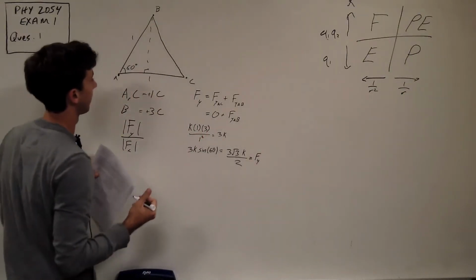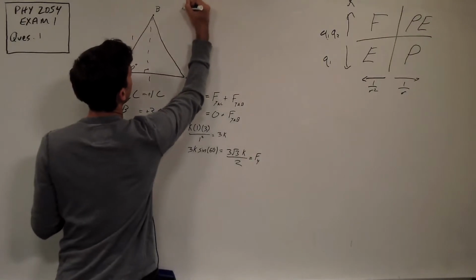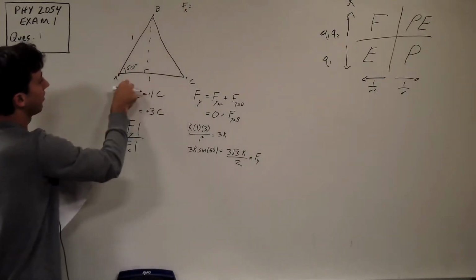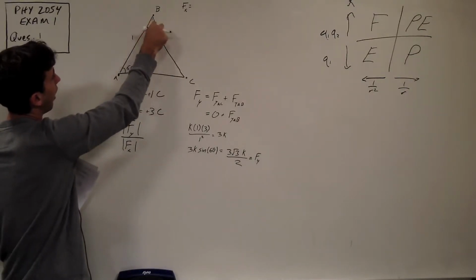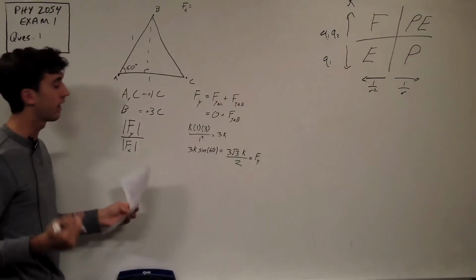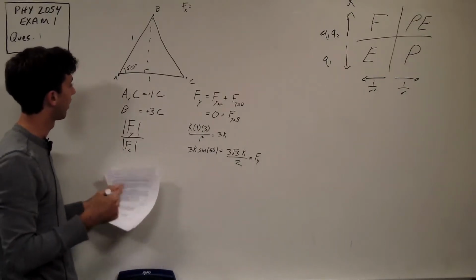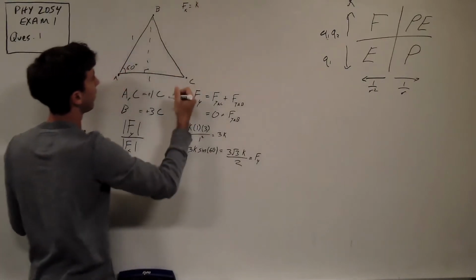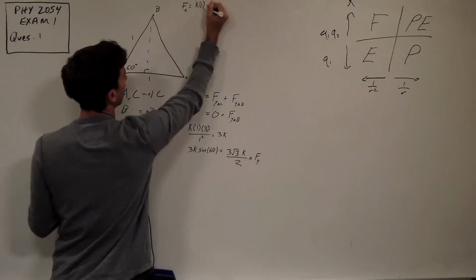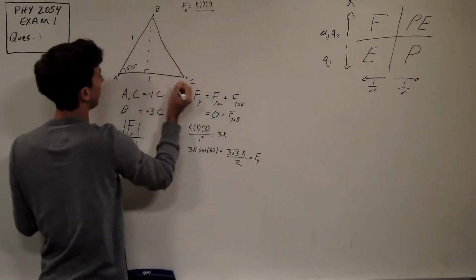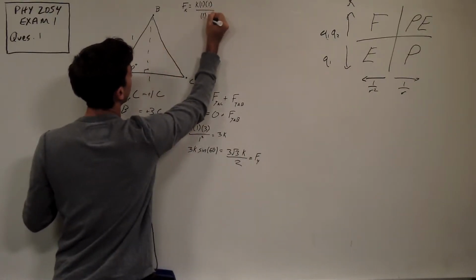Now we go on to Fx. Fx is equal to the component from AC and the component from AB. Since AC is entirely in the x direction, we know that the force is equal to K times Q1, which is 1, times Q2, which is 1, over the distance, 1, squared.